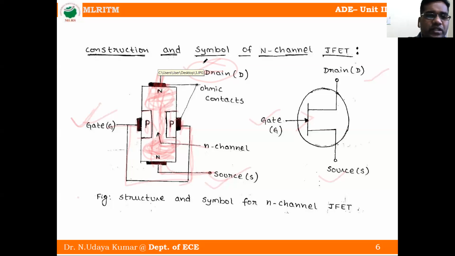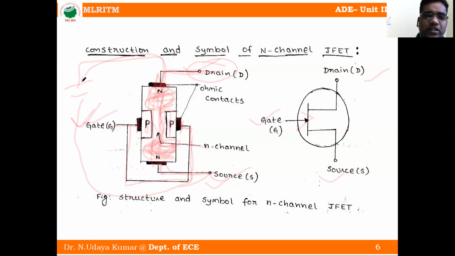of the battery. For example, this is a battery. The positive terminal of the battery is connected to the drain and the negative terminal of the battery is connected to the source. Whenever the positive terminal is connected, this is N, this is positive, so the electrons are attracted and move towards the battery.